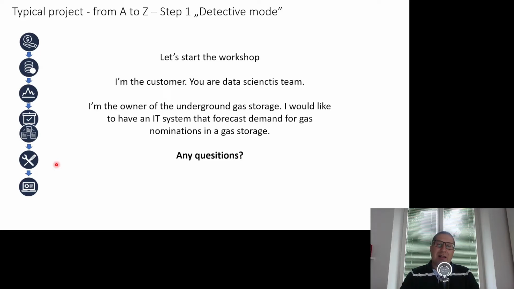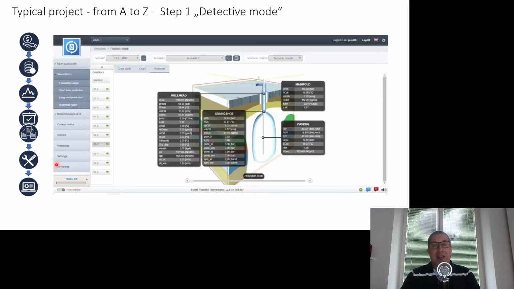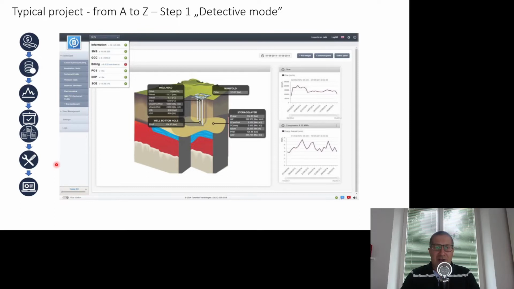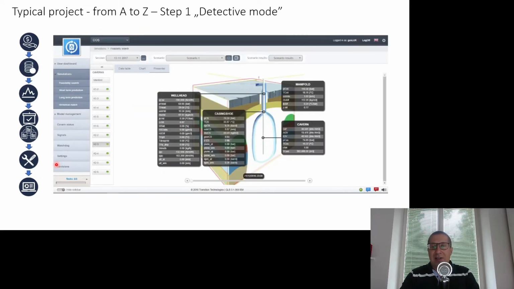All right. So, what is the gas storage? There are different kinds of gas storages, but here in Europe, the most popular ones are the cavern-based gas storage or the porous structure gas storage. The cavern gas storage is a plant where you store the gas in big holes underground. And in order to inject the gas or to withdraw the gas, you need to use compressors and, of course, other facilities.